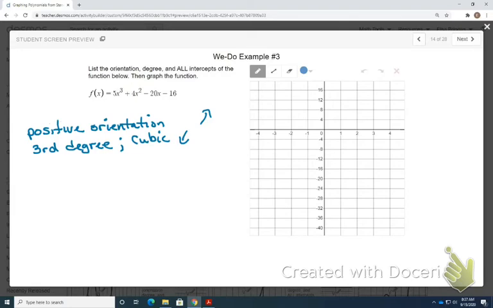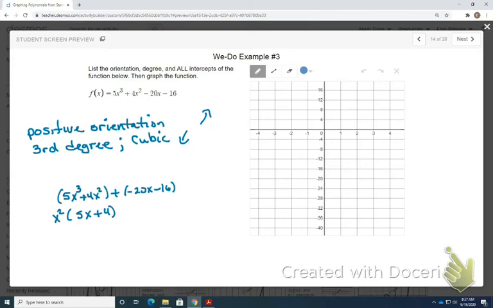So if I factor by grouping, I group the first two terms together, plus the last two terms together. And then factor out any common factors. So in the first parentheses, I have a common factor of x squared. And if I divide both of those terms by x squared, I'm left with 5x plus 4.